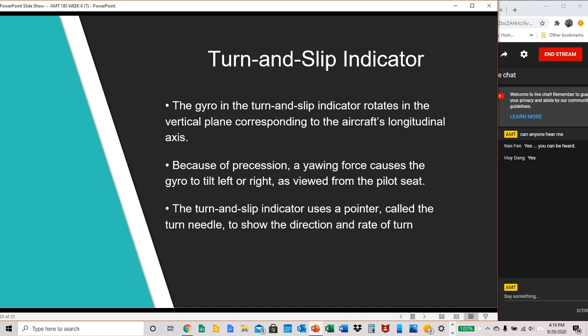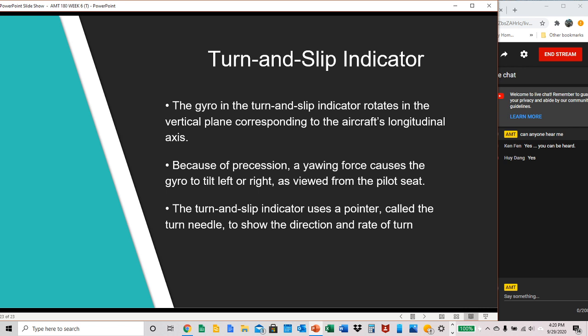Turn and slip indicator. The gyro in the turn and slip indicator rotates in the vertical plane corresponding to the aircraft's longitudinal axis. Okay, so those are a lot of big words, I know, but that's a very important part to understand about how the turn and slip indicator operates. We will be getting into gyroscopic instruments, the operation of gyros and the principles of how they operate, on Thursday.